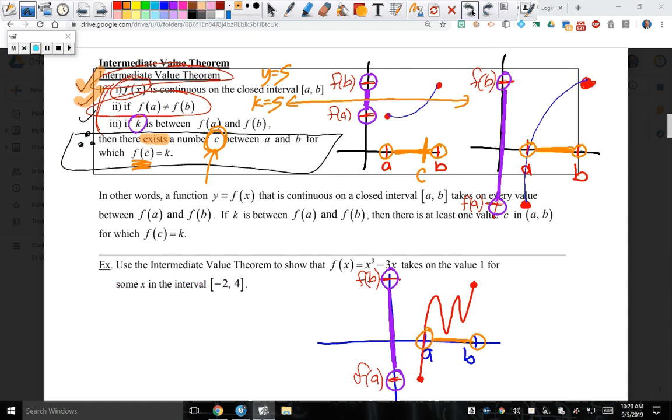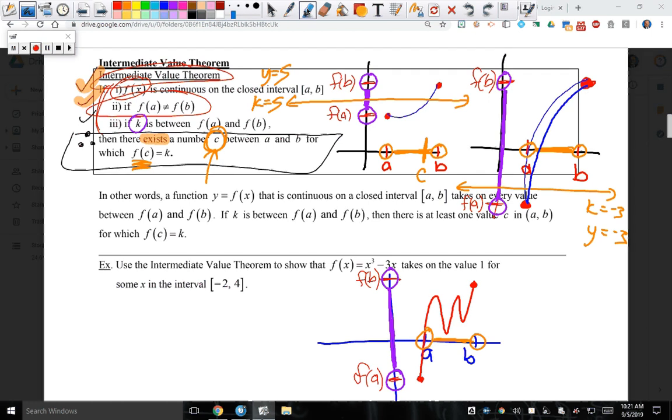Let's say over here that K was like -3. Otherwise, Y equals -3. It's between f of A and f of B. Then it guarantees that in between A and B, there will be a value. Now, I know the graph might be a little bit too steep. No worries. But we could draw something like this.